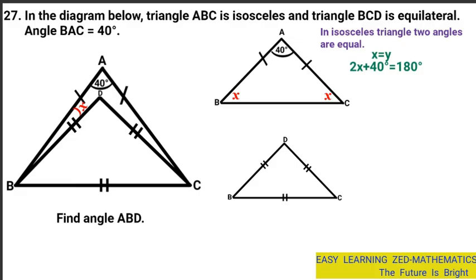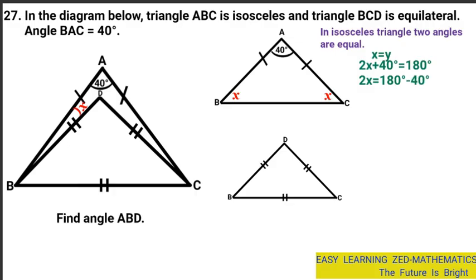So when we come back to our expression, 2x plus 40 degrees is equal to 180 degrees, the next step is to put like terms together. So we're going to have 2x is equal to 180 degrees minus 40 degrees.